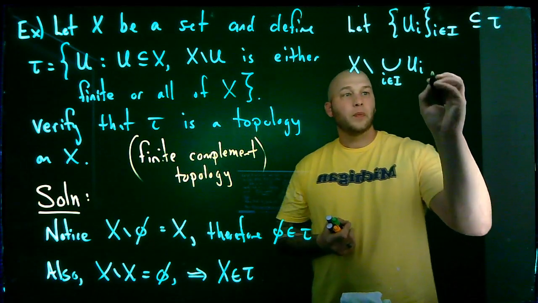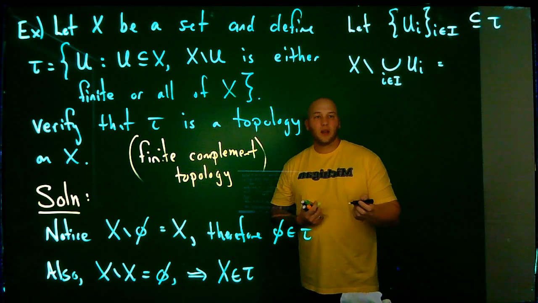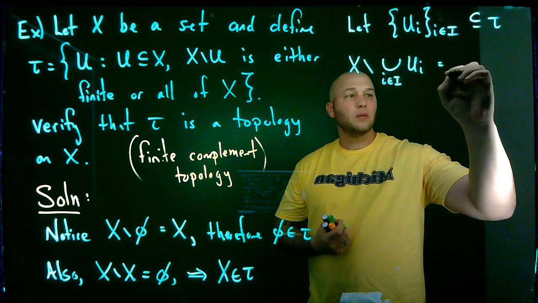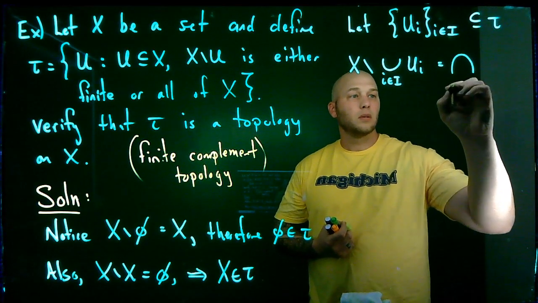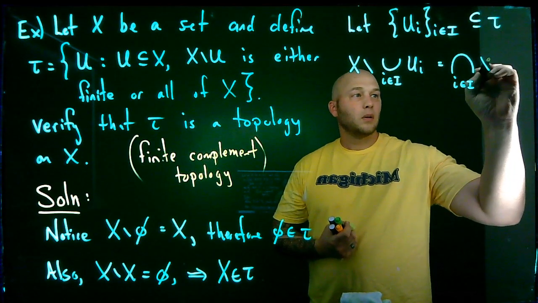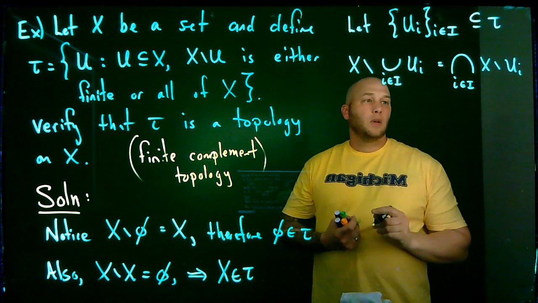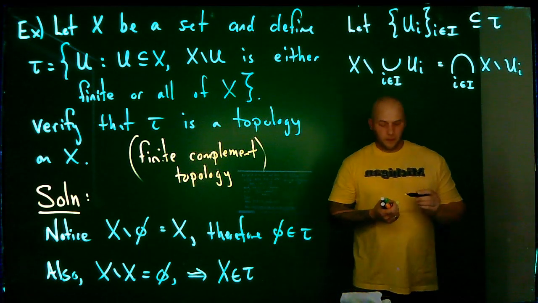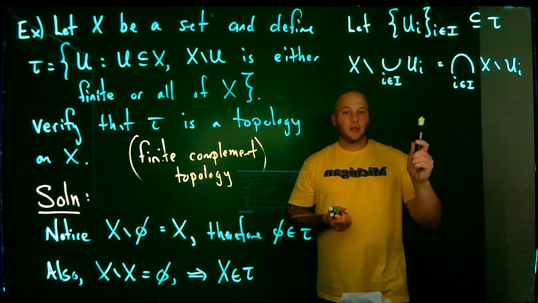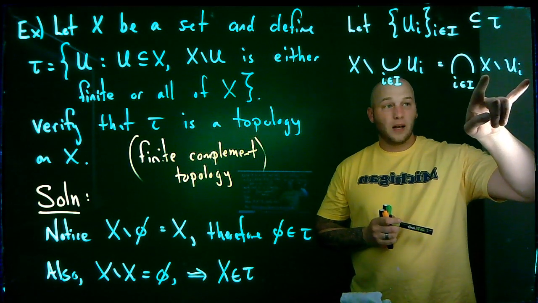Well, let's see. Remember, if I take X minus a union, that's actually going to be the intersection of X minus U_i. Now, each X minus U_i is a finite set, because U_i is an element of tau.